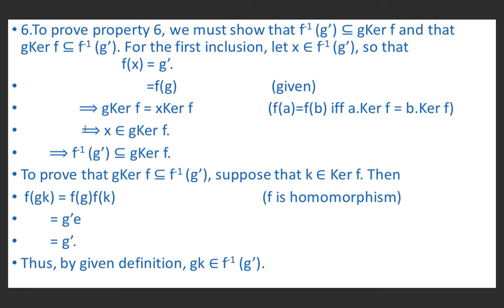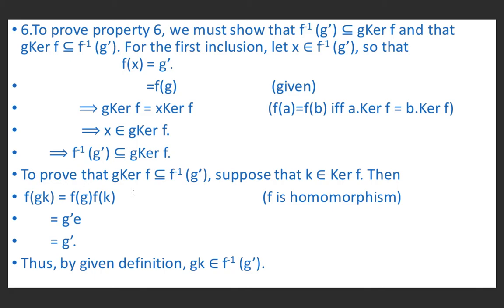We have proved in the previous property that Fa is equal to Fb if and only if A kernel F is equal to B kernel F. So because Fx is equal to Fg, G kernel F is equal to X kernel F. It means X belongs to G kernel F, and X was an element of F inverse G dash, so F inverse G dash is a subset of G kernel F.